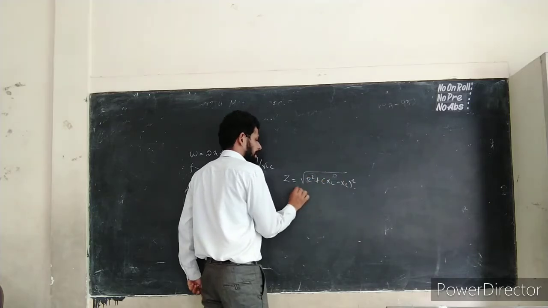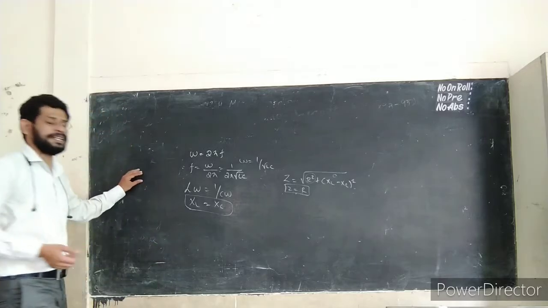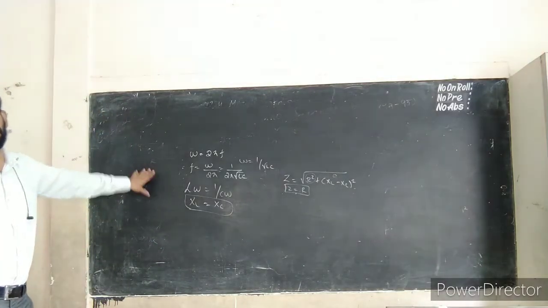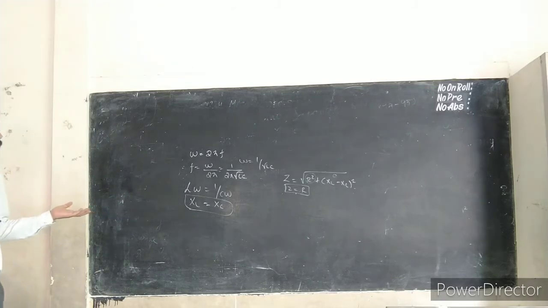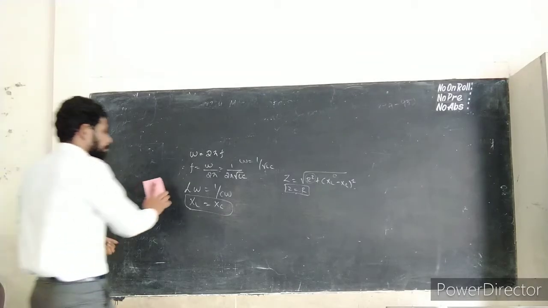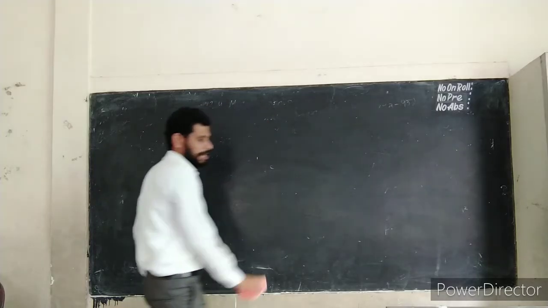The maximum current will be equal to V by R. Then the resistance is only that offered by the resistor. So the maximum current will flow. When the maximum current flows through the circuit, it gives the maximum resonance. Okay. When you are tuning the radio or TV circuits, you may see 90.6.